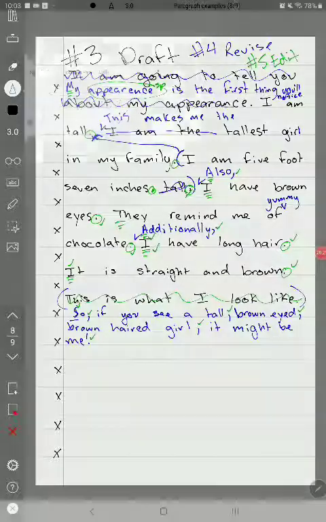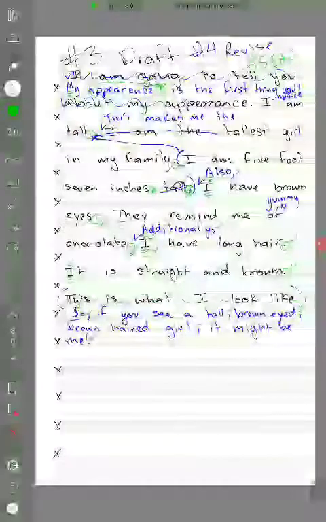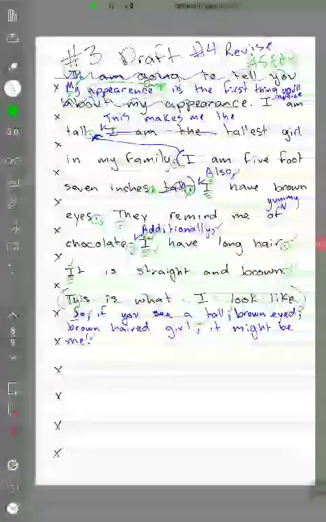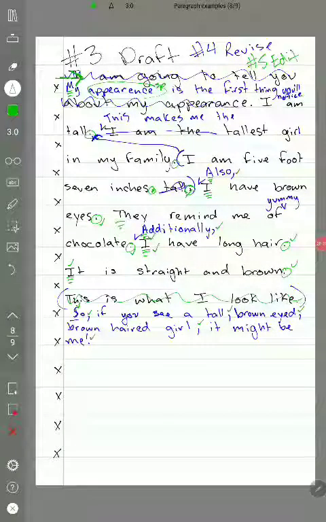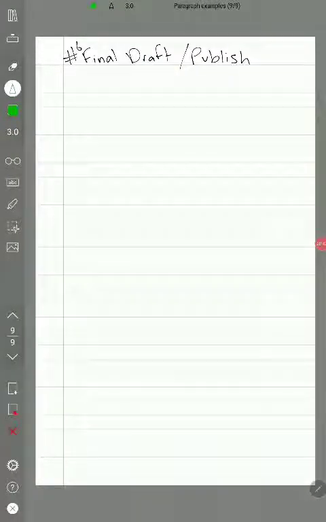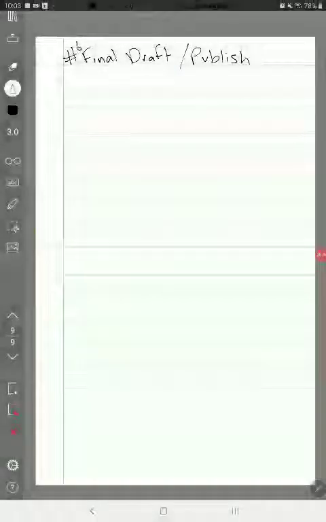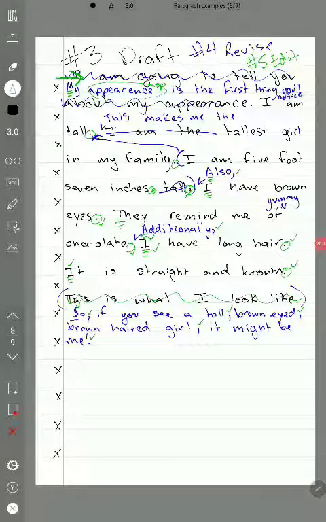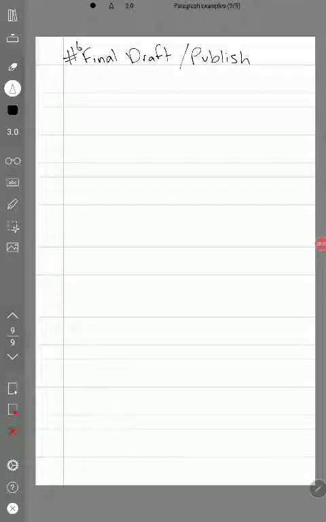I'm looking and I missed an edit. So I am going to make sure that I write that down, that my paragraph needs to be indented. So when I start my new one, I'm going to make sure I indent. So, oh, I already forgot. My appearance is the first thing you'll notice.